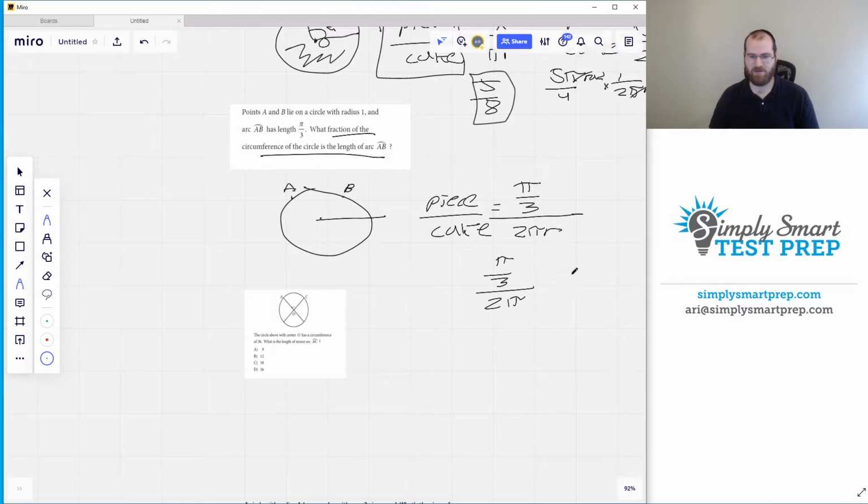I do the same thing as before with that division. Pi over 3 multiplied by the reciprocal, 1 over 2 pi. And this is in radians. Radians cancel, pi cancels, and I'm left with 1 over 6. And again, unitless and without pi, and that's going to be my answer.